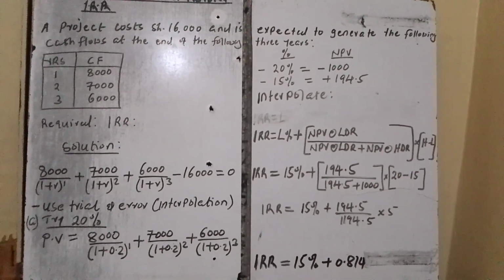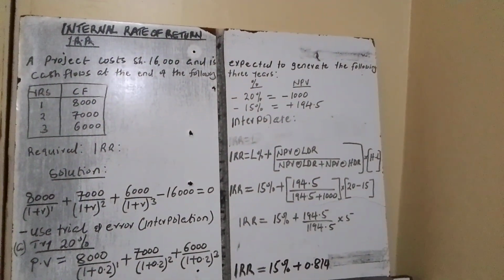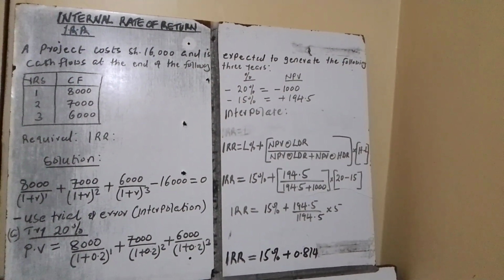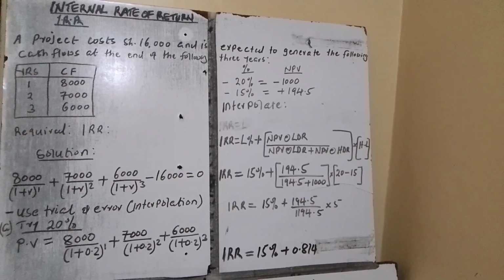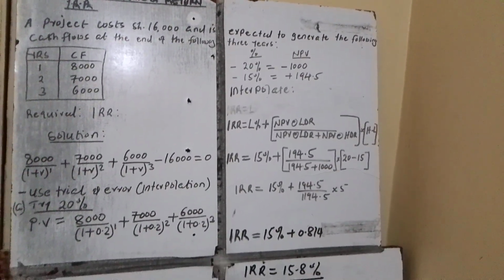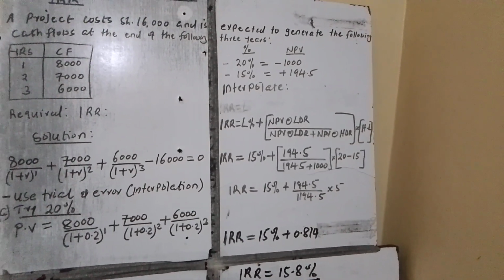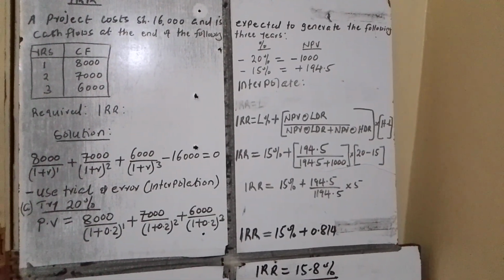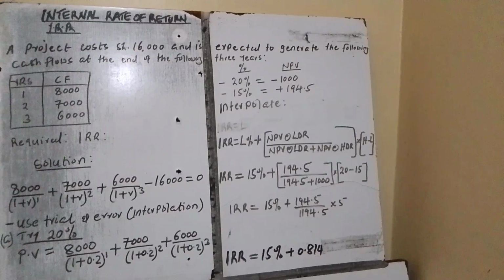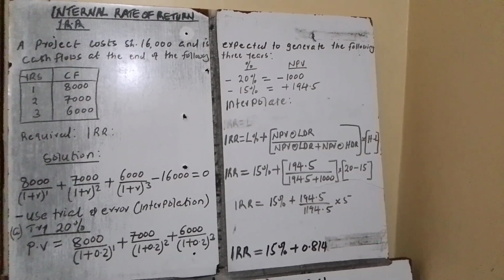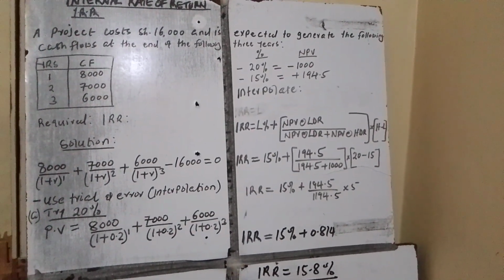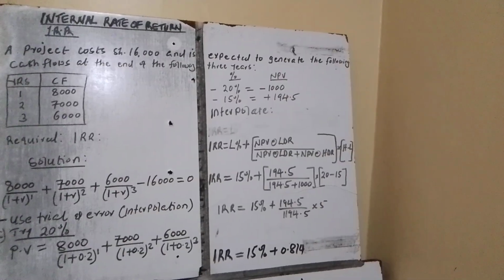You can try that and see whether what we are saying is correct. Our internal rate of return is 15.8%. You can use 16%, and the answer will be almost the same. So that is the internal rate of return.